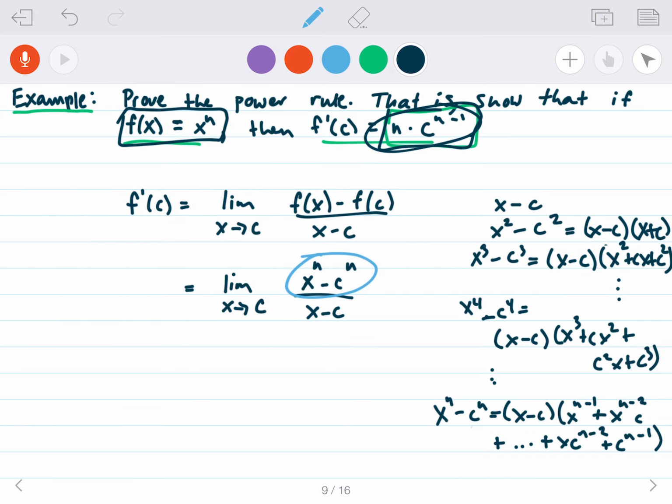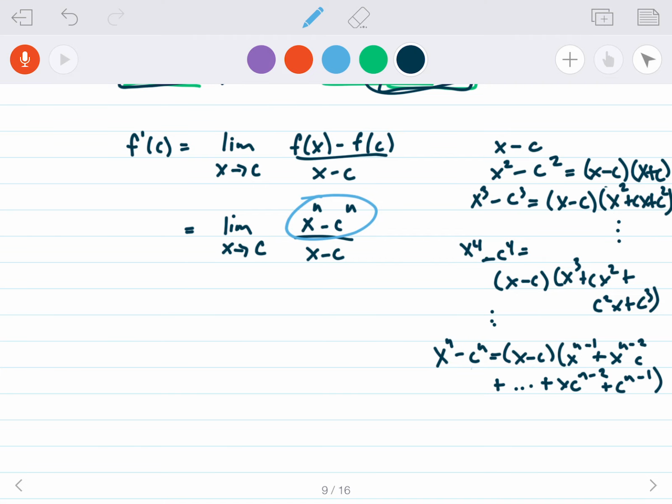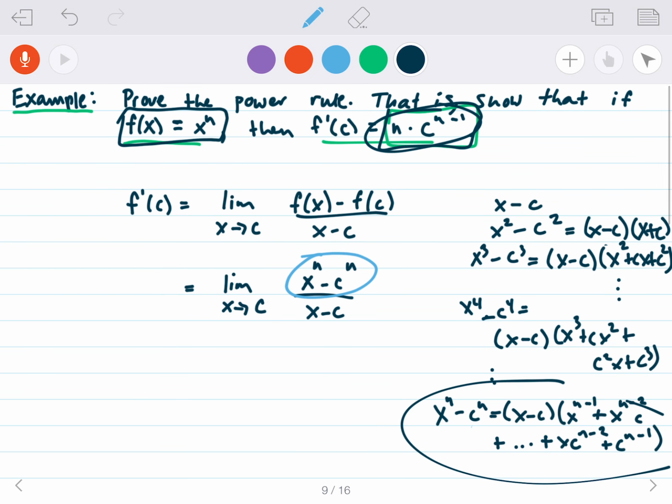Okay? So if we go ahead and replace the numerator with this expression, and again, I'm just looking at the division by x minus c, I can replace the numerator with that guy, and so some things are going to cancel here.